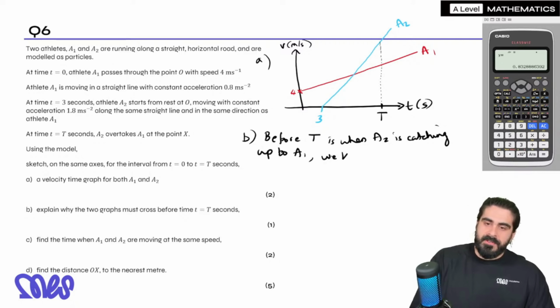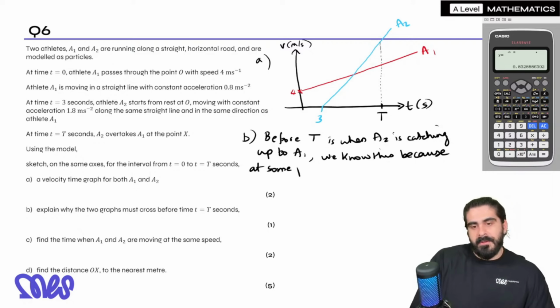We know this because at some point before T, they must be traveling at the same speed.